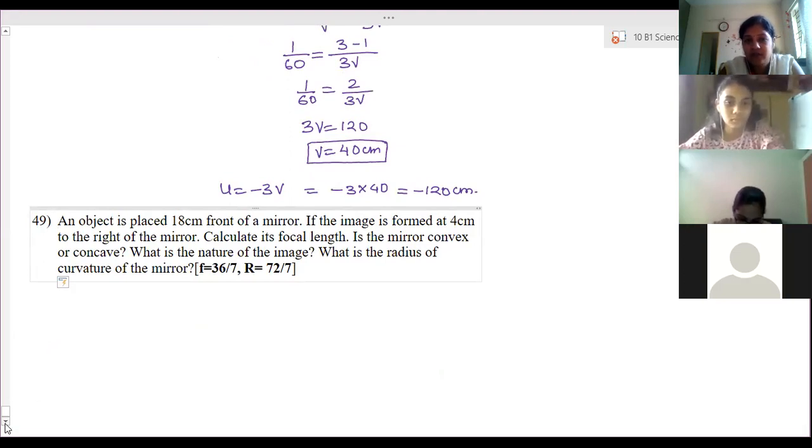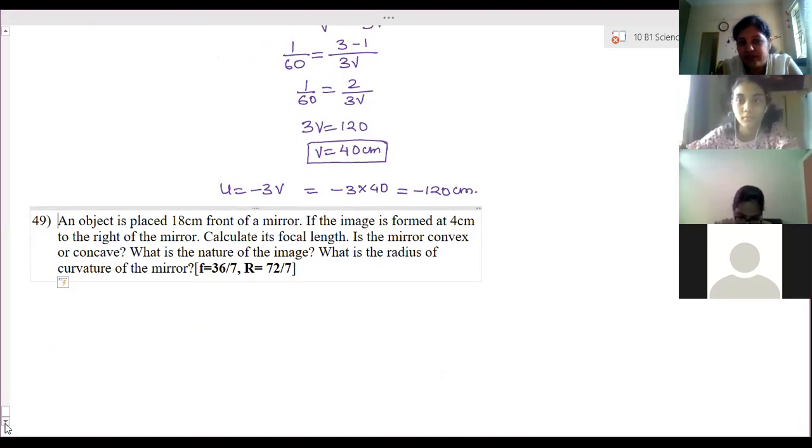If the image is formed at 4 centimeter to the right of the mirror, calculate the focal length. Is the mirror convex or concave, what is the nature of the image, and what is the radius of curvature?